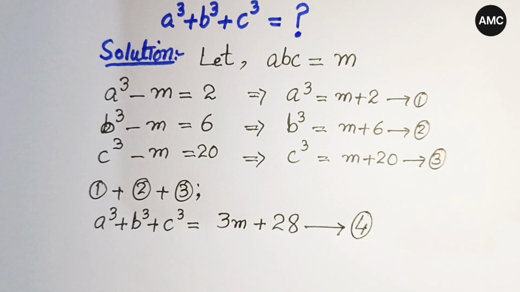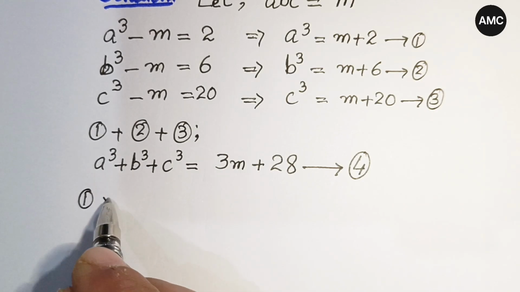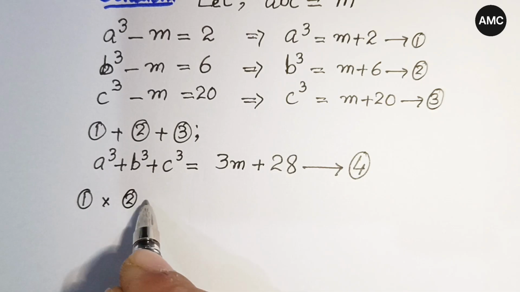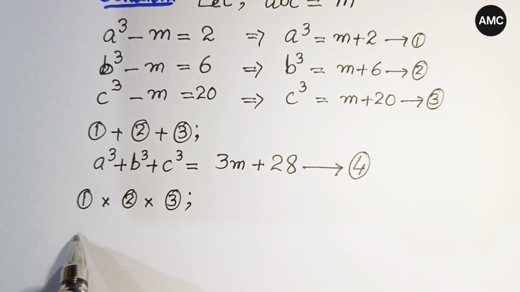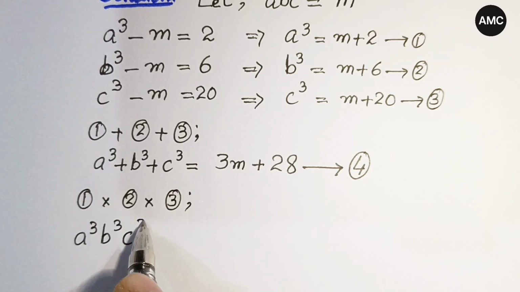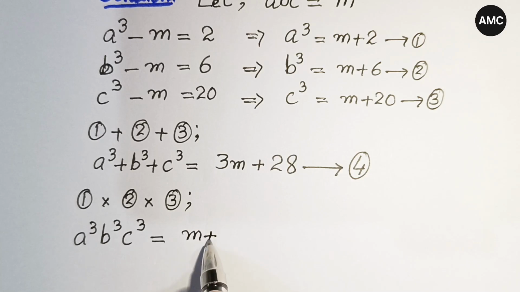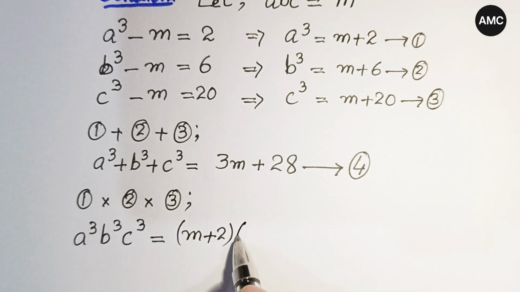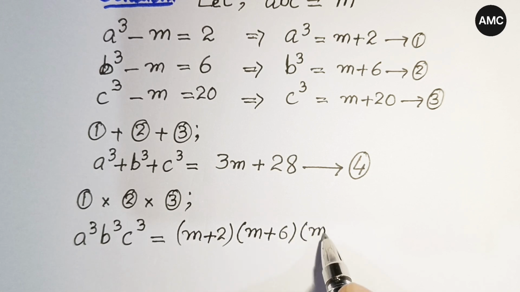Now we are going to just multiply these three equations. So here multiplying equation 1 with equation 2 and equation 3, then we will get a cubed times b cubed times c cubed is equal to, here we have m plus 2 times m plus 6 times m plus 20.